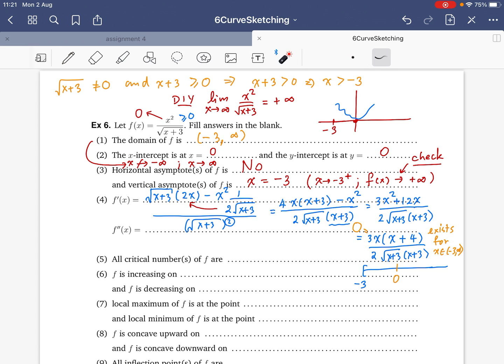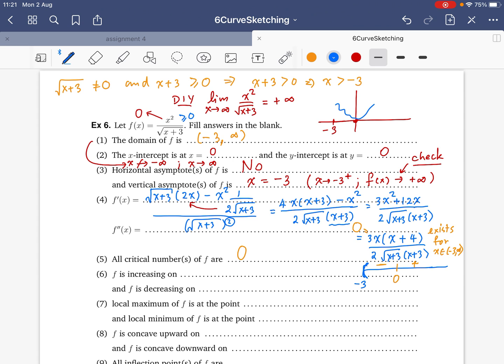So here if you plug in 1, everything must be positive, right? So here's positive. If you plug in -1, everything is positive except this one will be negative. So here's a negative. So the critical number is only 0, when your x equals 0.